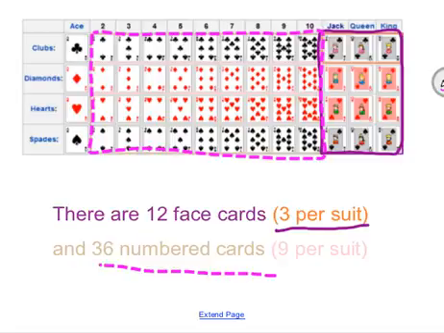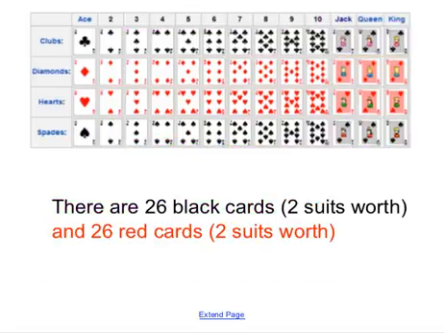There are 9 number cards per suit: you get rid of the ace, then 10 through 2 are the number cards. The last thing you should know is there are 26 black cards, the clubs and spades, 2 suits worth, and 26 red cards, 2 suits worth.